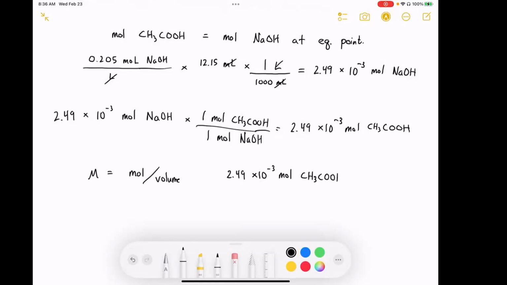And we know for our sample that we did each titration, let's go back to the procedures here. We did a titration of 30 mils. So 30 milliliters here, or 0.030 liters.